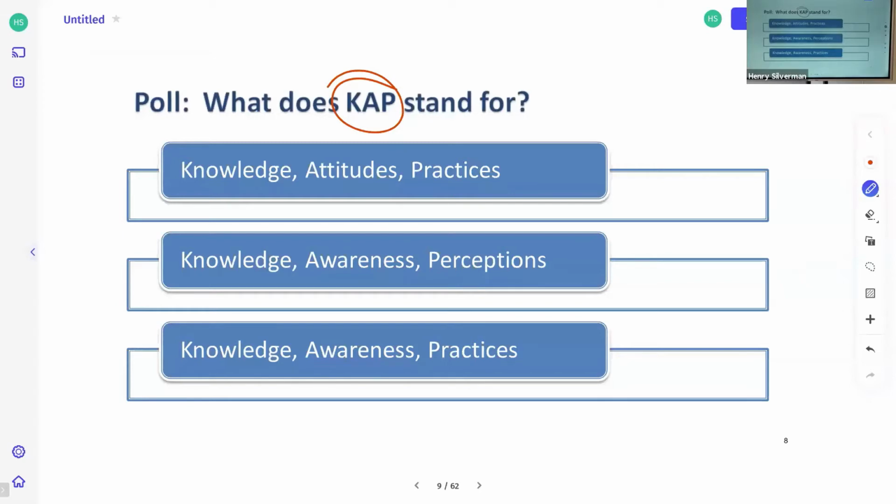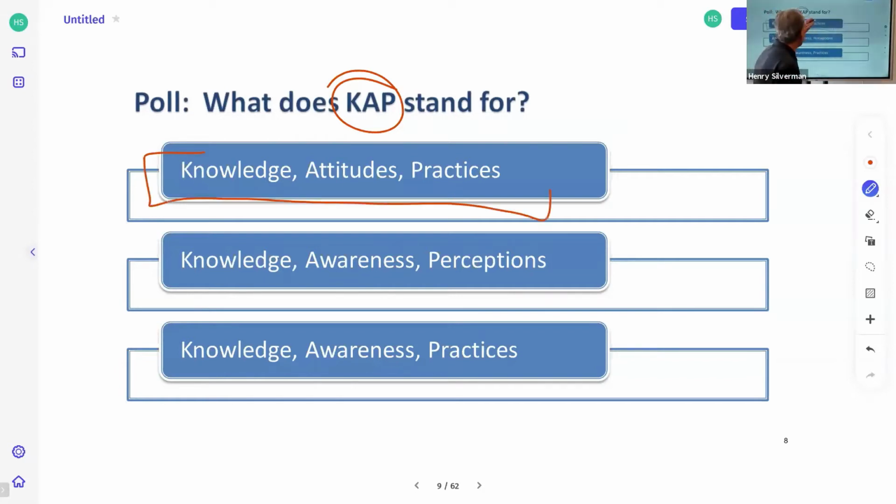A few more votes. Two more seconds. All right, let me share the results. As we can see, 57% said knowledge, attitudes, practices. The other large choice was knowledge, awareness, perceptions.